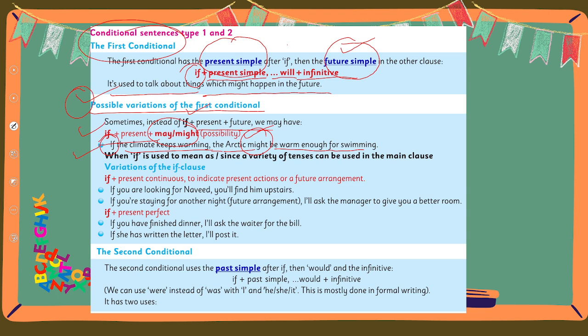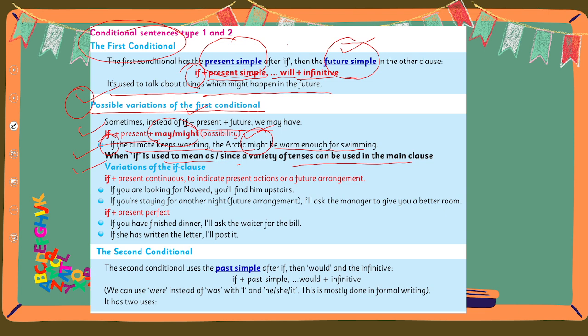When "if" is used to mean "as" or "since," a variety of tenses can be used in the main clause. Now there are some variations of the "if" clause. "If" plus the present continuous to indicate present actions or a future arrangement. "If you're looking for Naveed," this is the present continuous tense with "-ing," "you will find him upstairs."